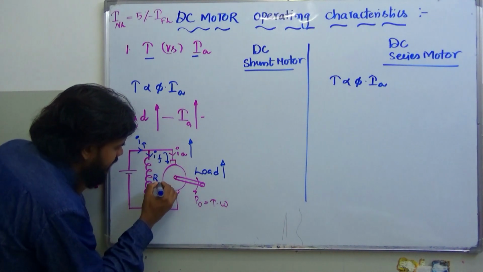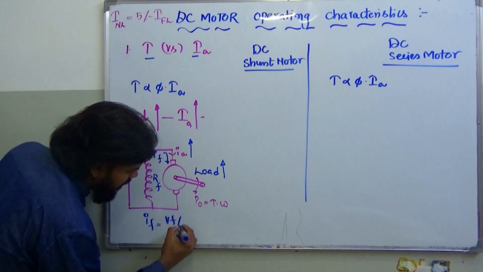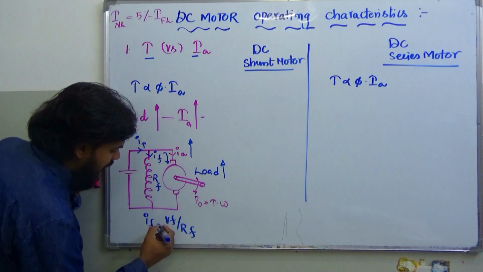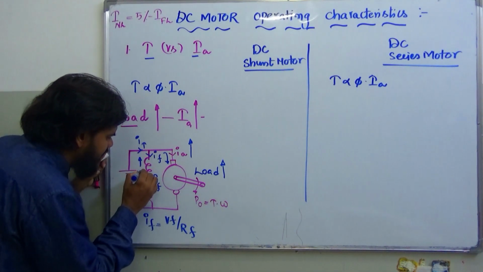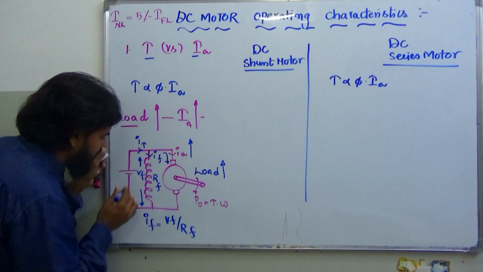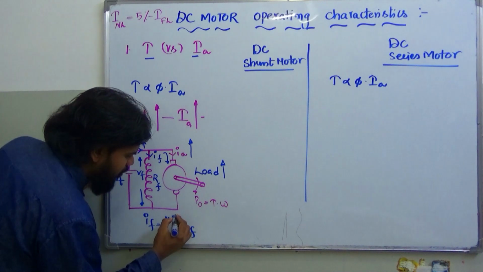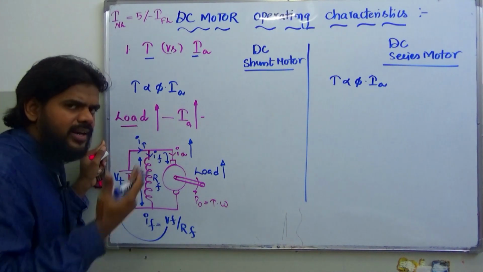If depends on 2 parameters here. If is equal to Vf divided by Rf. I hope you're getting me. Vf is the entire parallel voltage, which is proportional to the supply Vt. Vf and Vt are the same because it's a parallel connection, right?